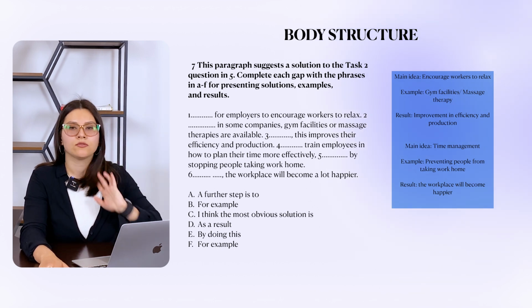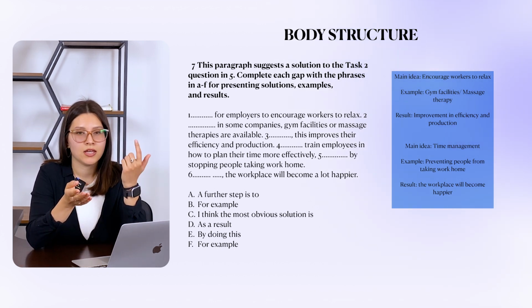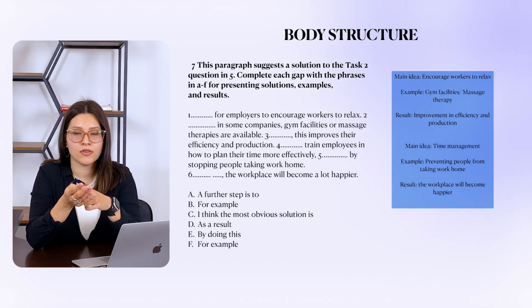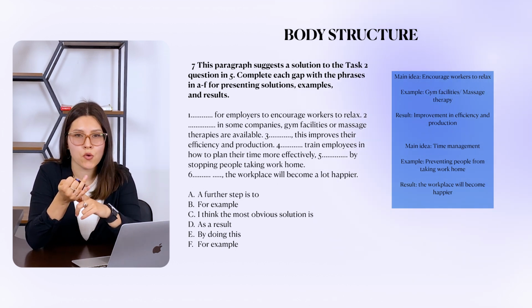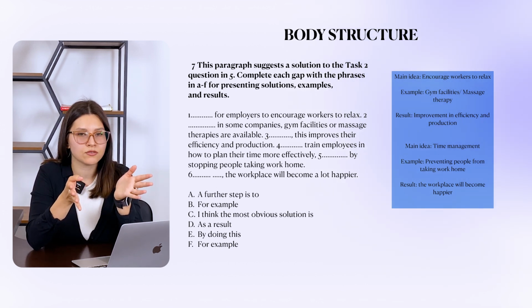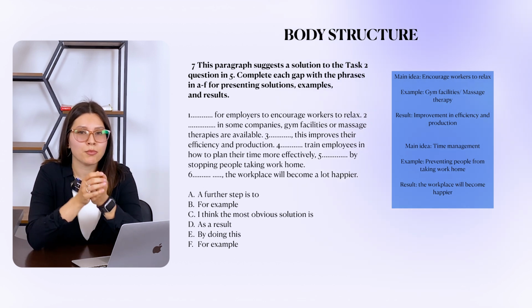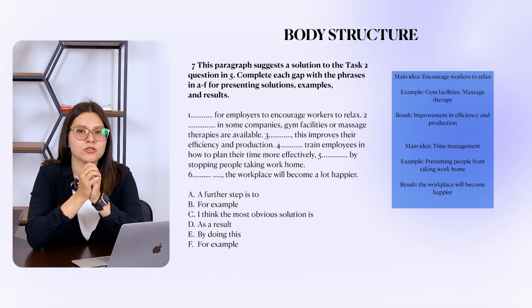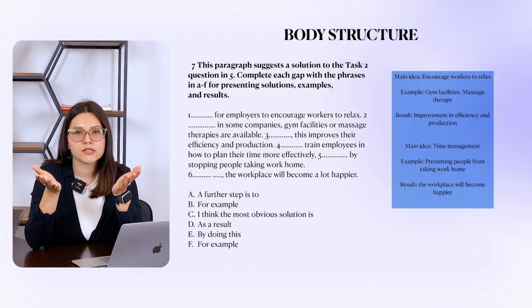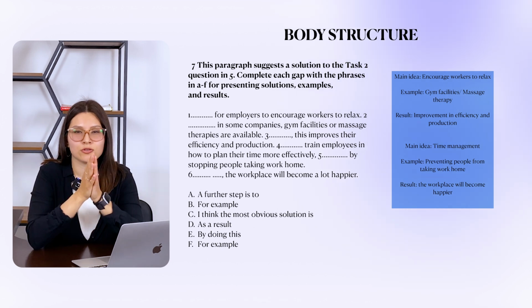For example, if you've got an employee who's very stressed all the time, they take work home, they are sleep deprived, they have children at home, and they have to tackle lots of responsibilities at work, it's impossible for them to perform well. Probably they will not be able to meet their deadlines, or they won't be able to write proper reports, or they will confuse the data, and so on. So it's a good result.